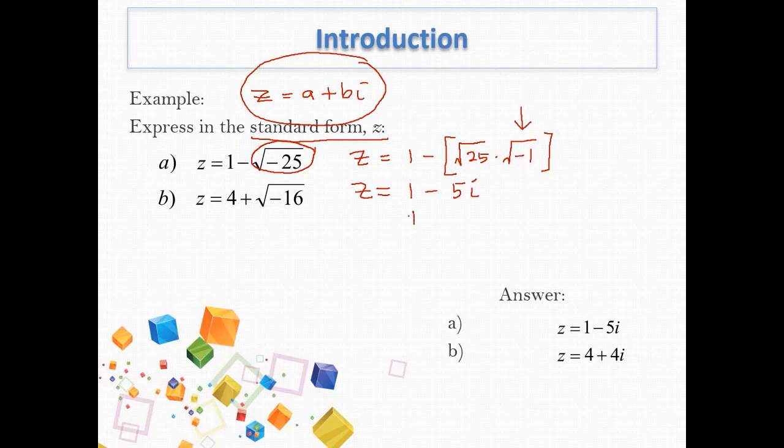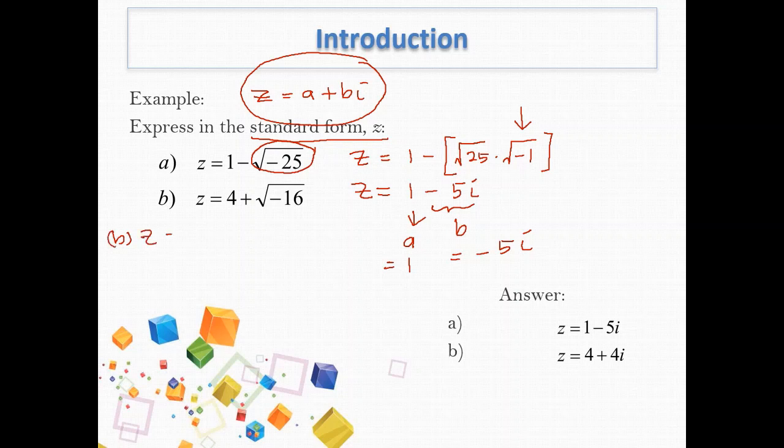So this is your a, and the whole thing here is your b. So a is equal to 1 and b is equal to negative 5. Easy peasy.